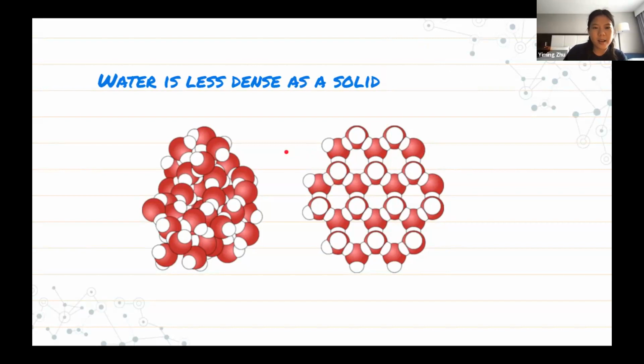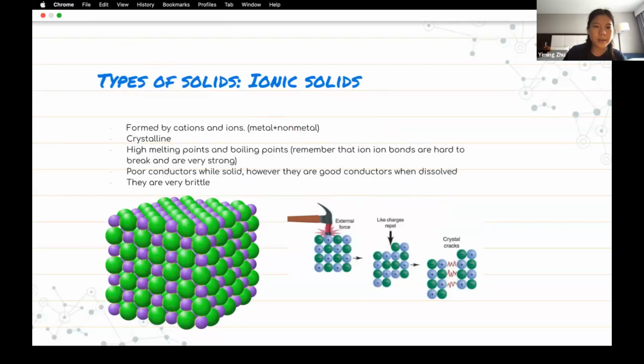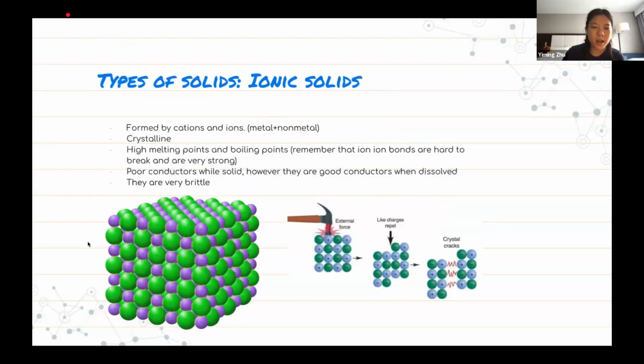All right. Okay, so over here next we have types of solids. Over here we have the ionic solids, which is more of what we're going to be focused on today. This is formed by cations and anions. You remember the positively and negatively charged atoms.